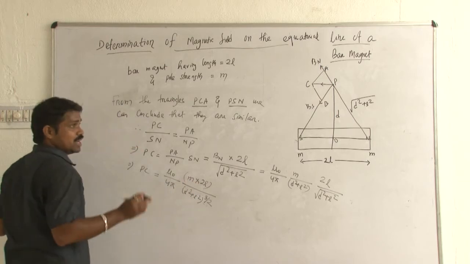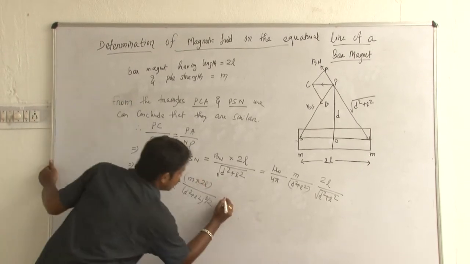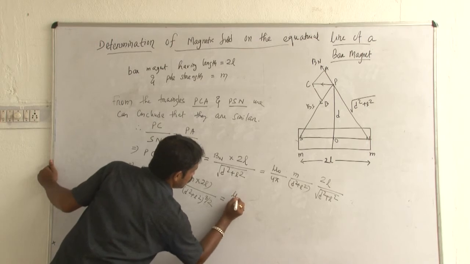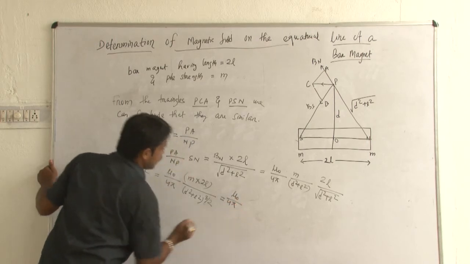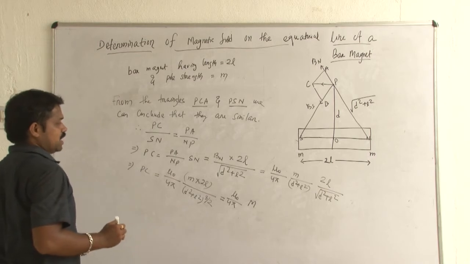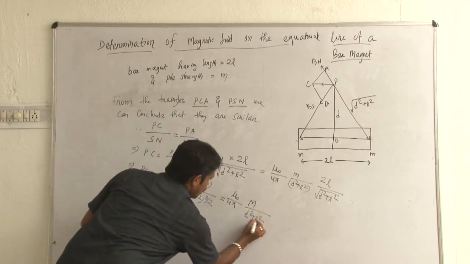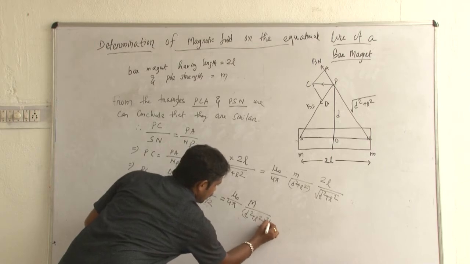And m into 2l gives me the magnetic dipole moment. So that is equal to mu 0 by 4 pi, m into 2l gives the magnetic dipole moment capital M, divided by d square plus l square to the power 3 by 2.